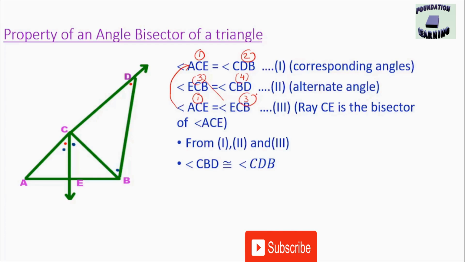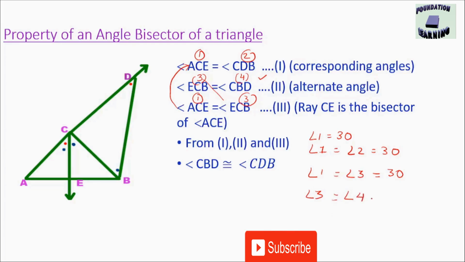Okay, now let's take an example to understand. Let's take angle 1 as 30. Angle 1 is equal to angle 2, so angle 2 is also 30. In the third equation, angle 1 is equal to angle 3, so angle 3 will also be 30.